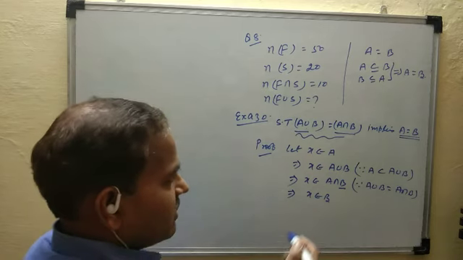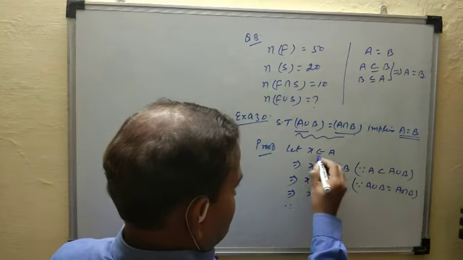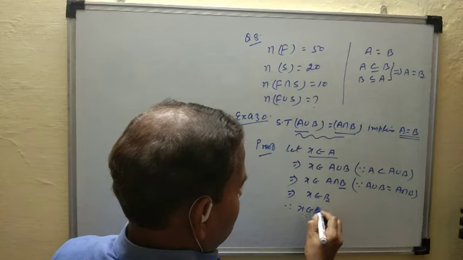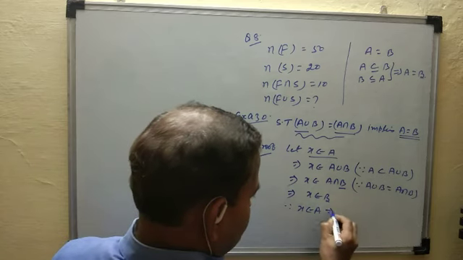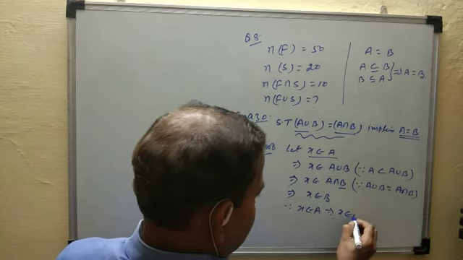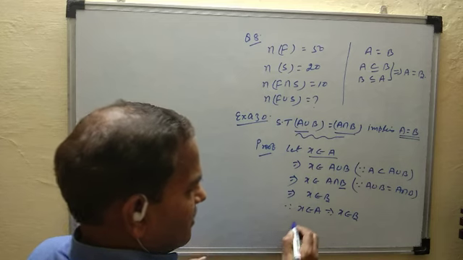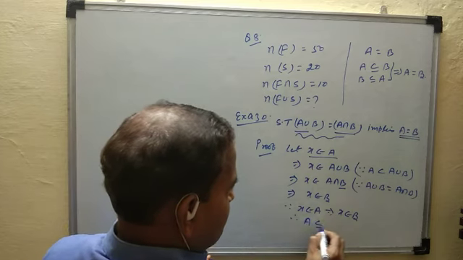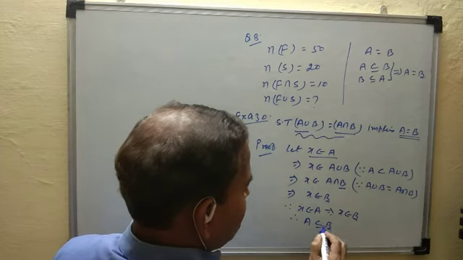Since X belongs in set A, this implies X belongs in set B. So therefore set A is the subset of set B.